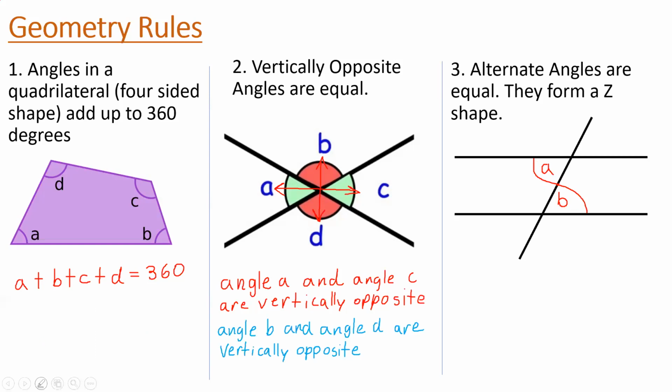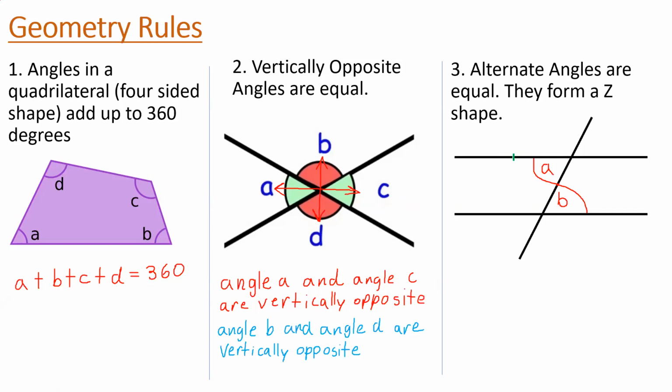What type of angles are A and B? They're not vertically opposite. They are what? Z. What type of angles are these?